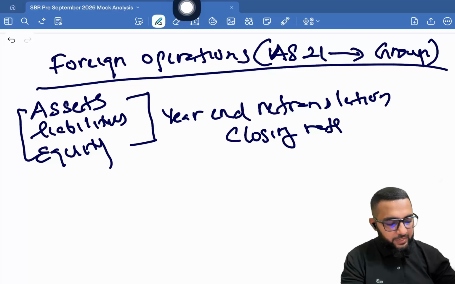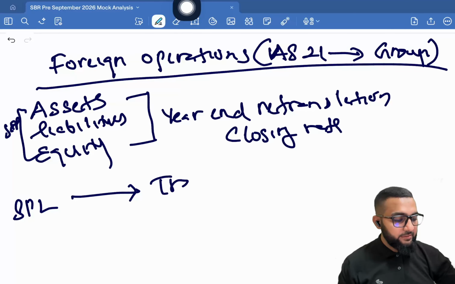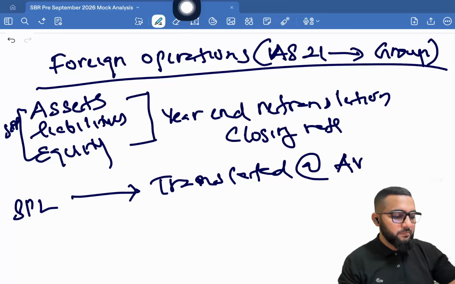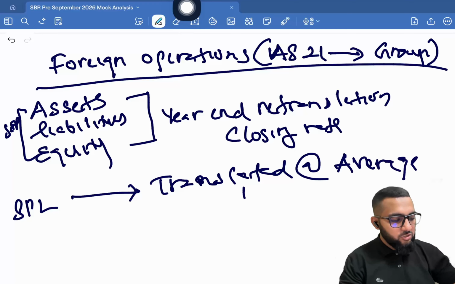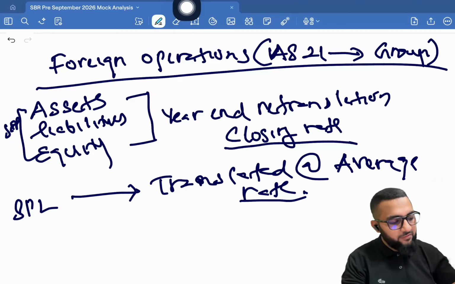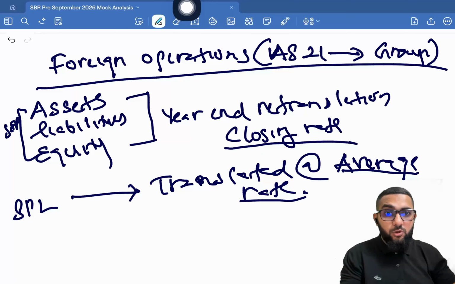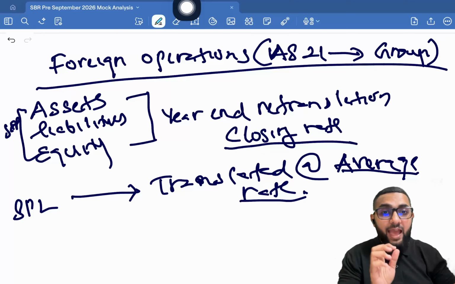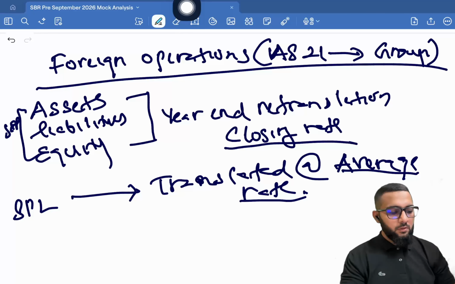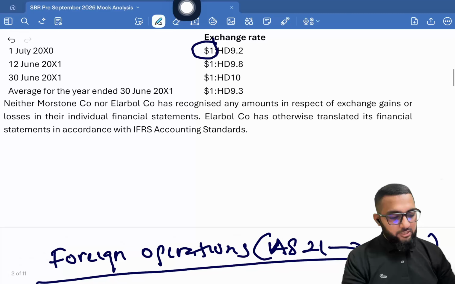Now, this is an SFP, Statement of Financial Position item. Then SPL items will be translated at the average rate. So there are two rates applicable here: closing rate retranslation and average rate translation. The profit or loss of the subsidiary throughout the period would be translated at the average rate. So that's the mechanics of foreign operations translation.